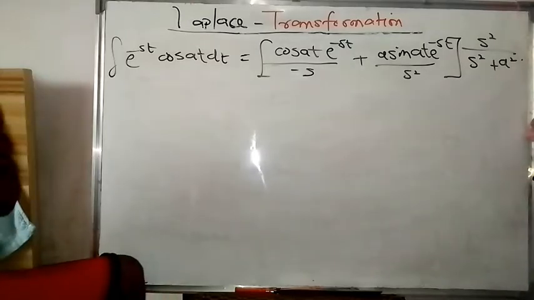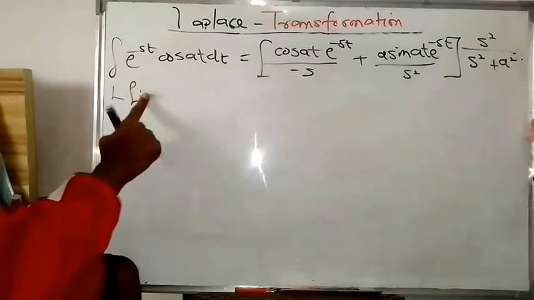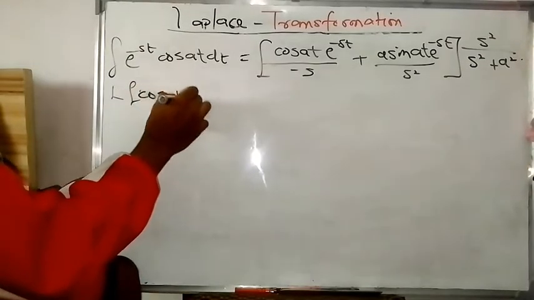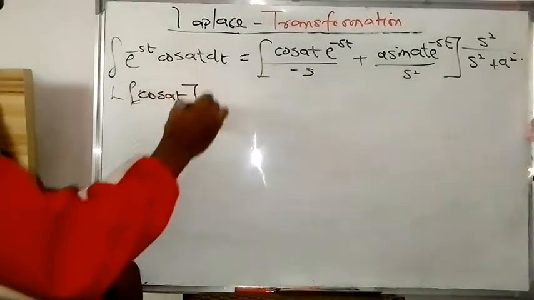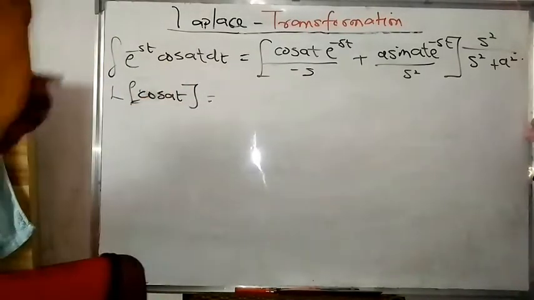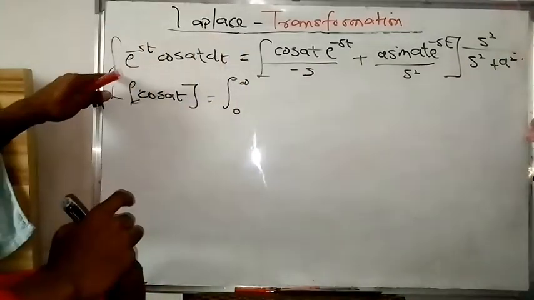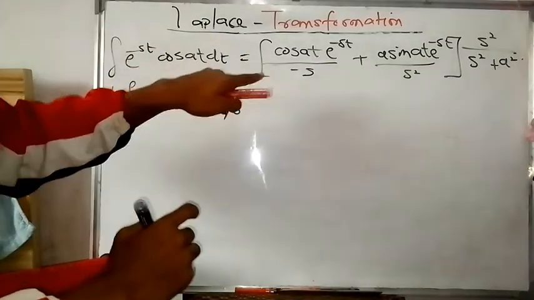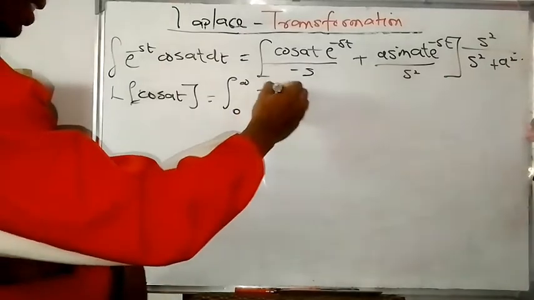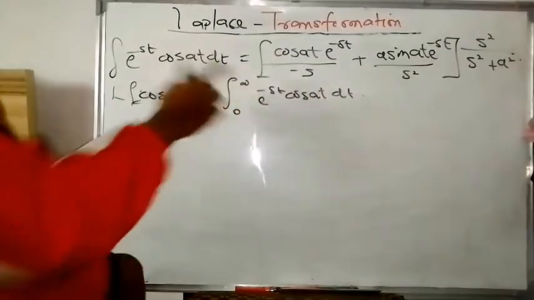Remember, the actual question said the Laplace of cos at, which is equal to the integral from 0 to infinity. It's not actually this. So since we have already gotten the integral of e^(-st) cos at dt, what we have to do next is to apply our limit.